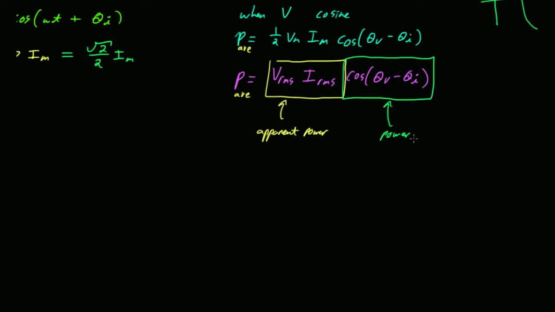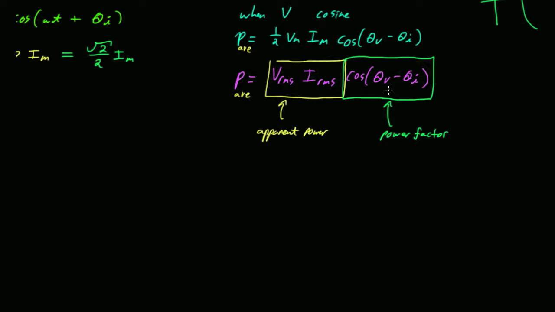You can think of the apparent power as the most power you can push, and the power factor as a multiplier anywhere from 0 to 1 that tells you how effective you are at driving your power into your load.